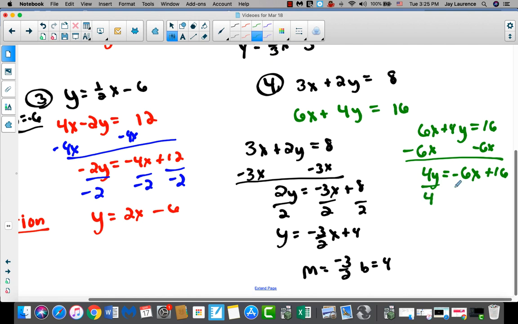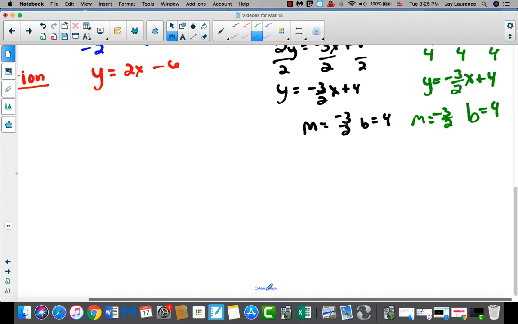Dividing by 4 will tell me that y equals, I want to simplify this, -6/4 simplifies to -3/2, and 16 divided by 4 is 4. And here my slope is the same exact as the black one, which means these lines are either parallel or the same line, and sure enough the y-intercept is 4. This one here has infinitely many solutions.